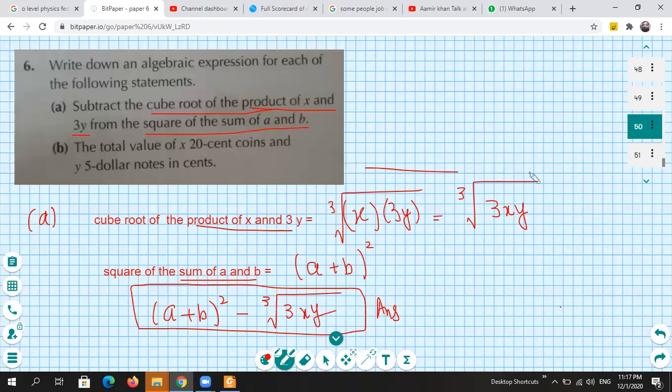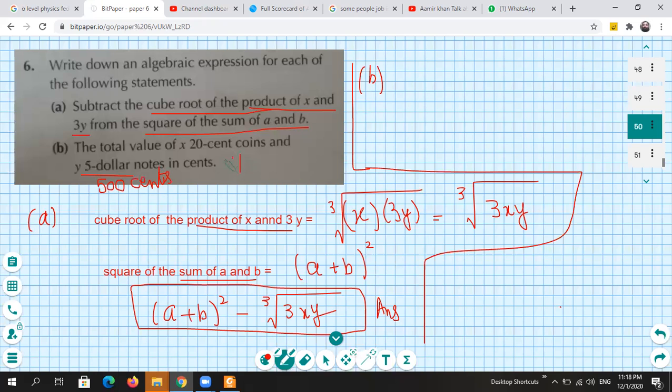All right, this is part A, and I'm doing part B here. The total value of x 20-cent coins and y $5 notes in cents. So $5 means 500 cents, because we know that $1 has 100 cents.